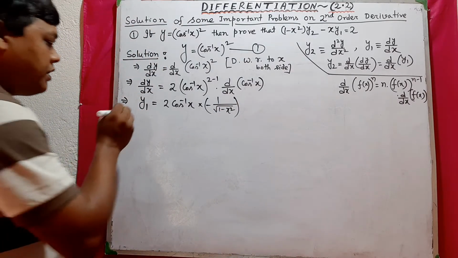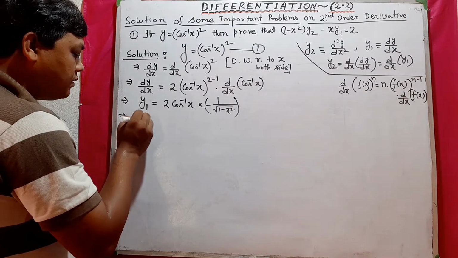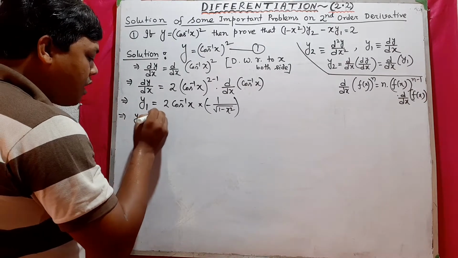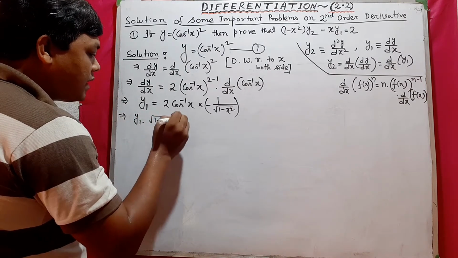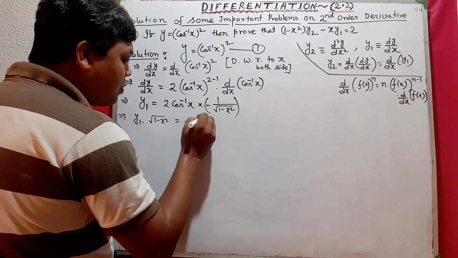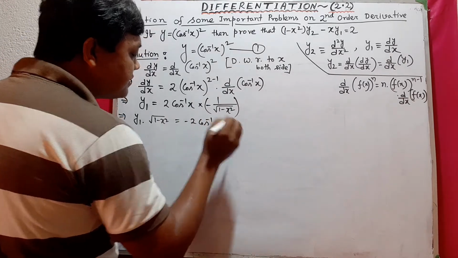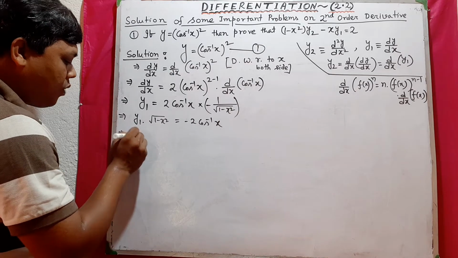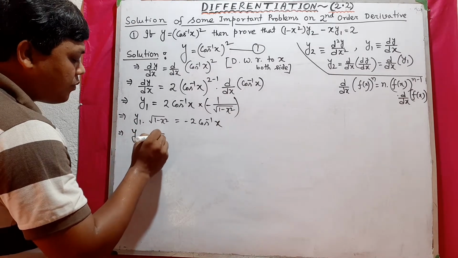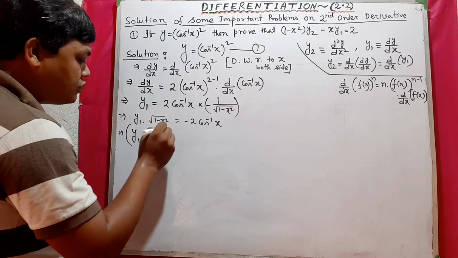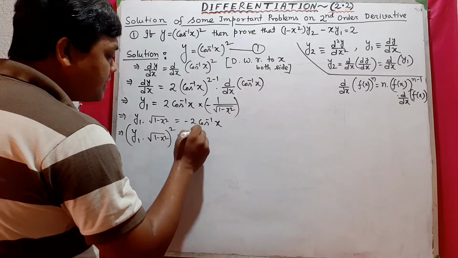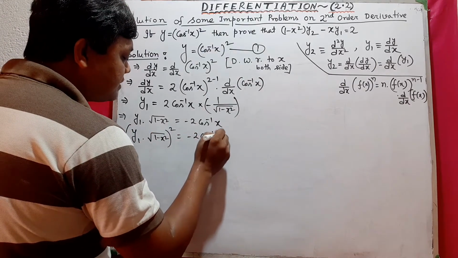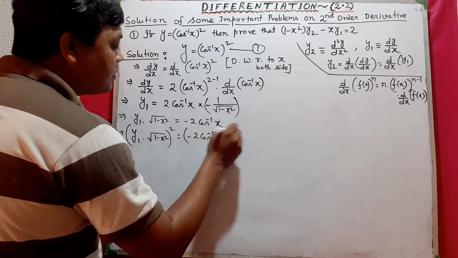So now we get y1 into square root of 1 minus x square equals to minus 2 cos inverse x. Clear? Squaring both sides, (y1 into square root of 1 minus x square) whole square equals (minus 2 cos inverse x) whole square.